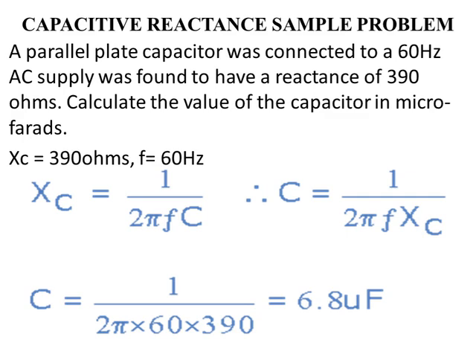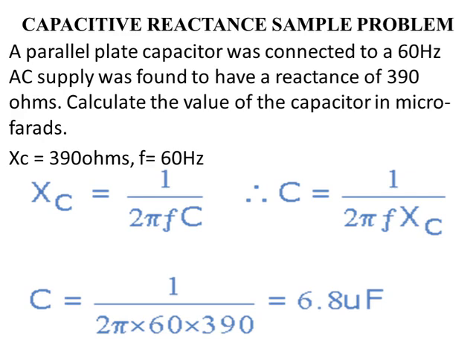It says calculate the value of the capacitor in microfarad. So whatever answer you are having, you must take it to microfarad. And when you take something to microfarad, it means you have already divided it by 10 raised to the minus 6.